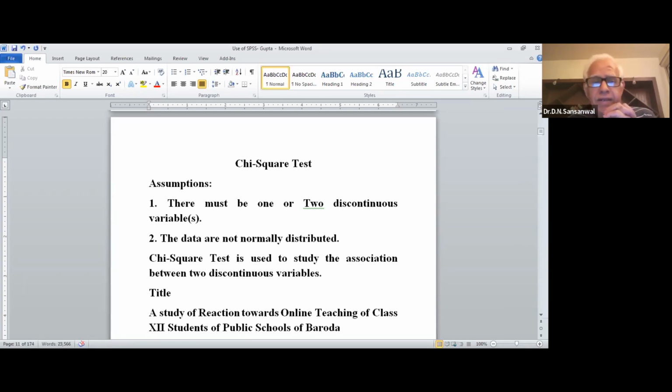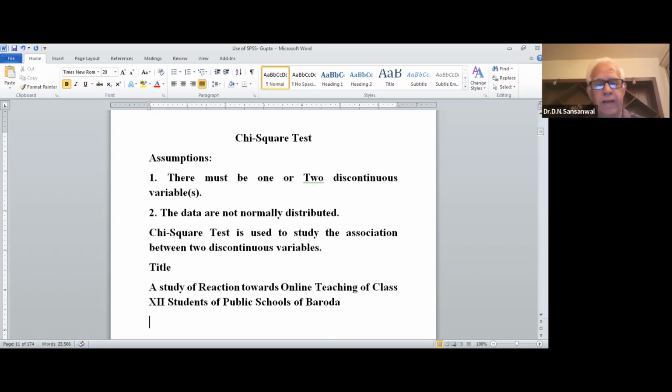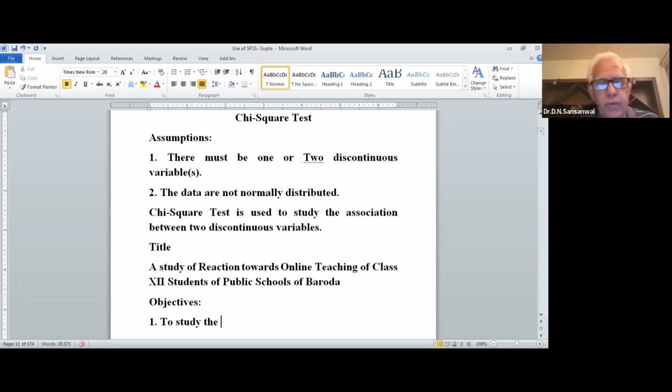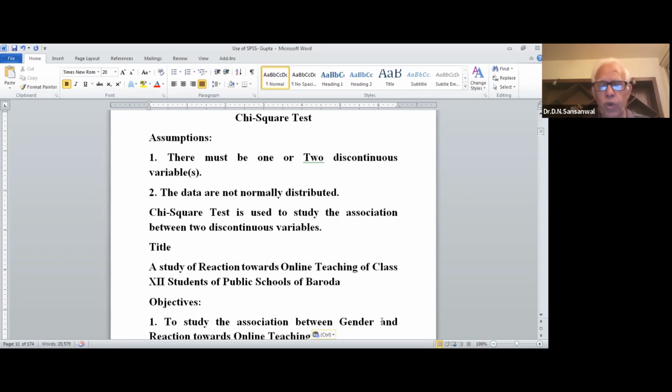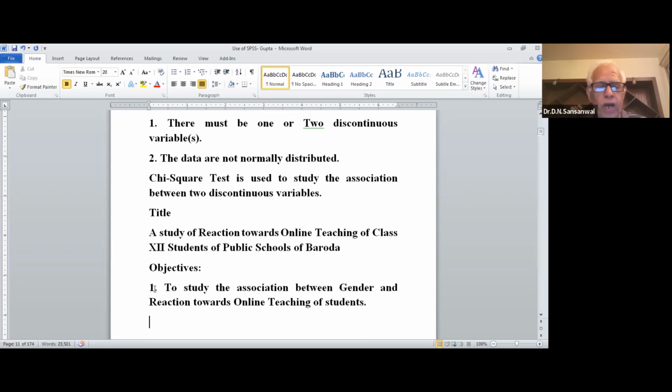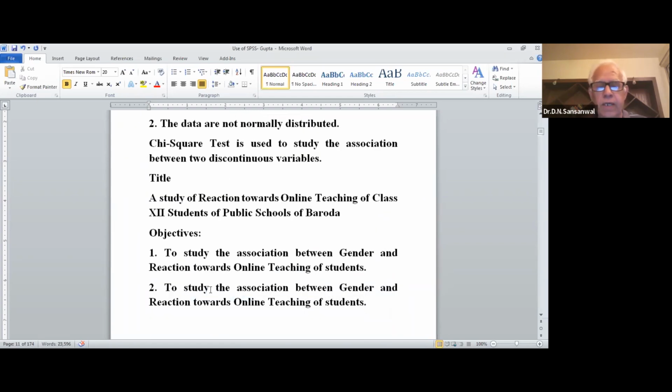Suppose this is my title, then my objective will be to study the association between gender and reaction towards online teaching of students. If you want, you can have another objective: to study the association between gender and reaction towards online teaching of students belonging to urban and rural areas separately.